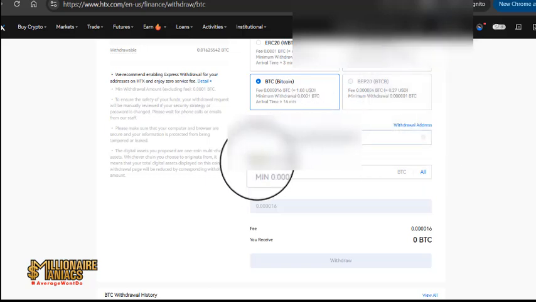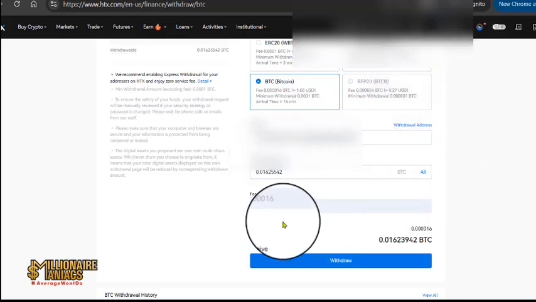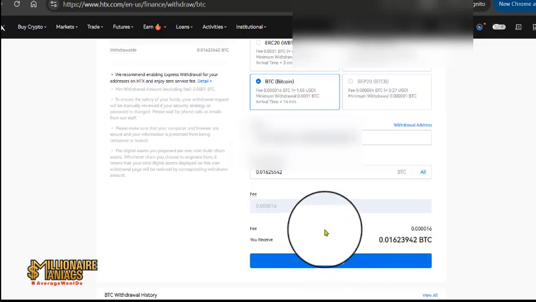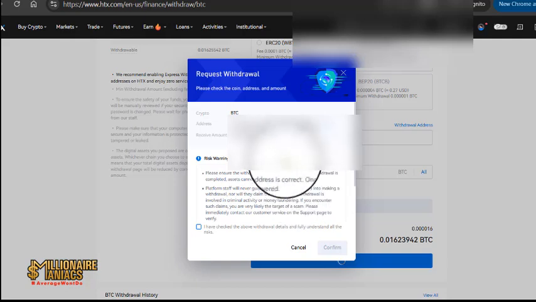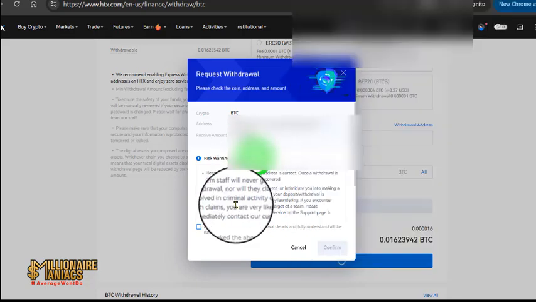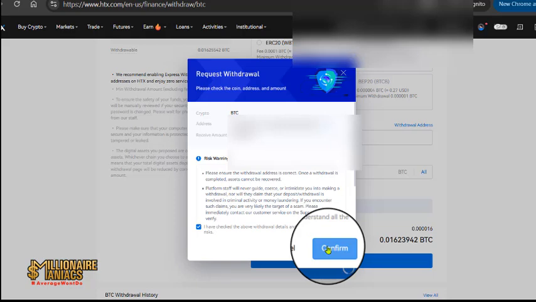All right. And then as far as the amount, I'm going to withdraw all of it. And it automatically deducts the fees and all of that. And I'm just going to click withdraw. And it's going to send it to my cold wallet after I do a little verification. So it gives you another opportunity to check the address. Okay. It gives you all of your risk warnings. Go ahead and click that and click confirm.